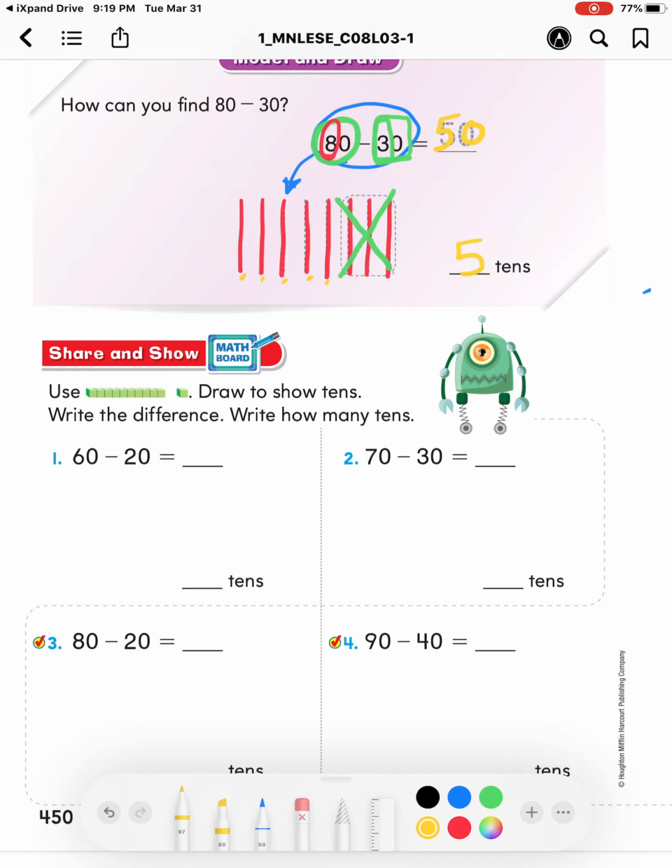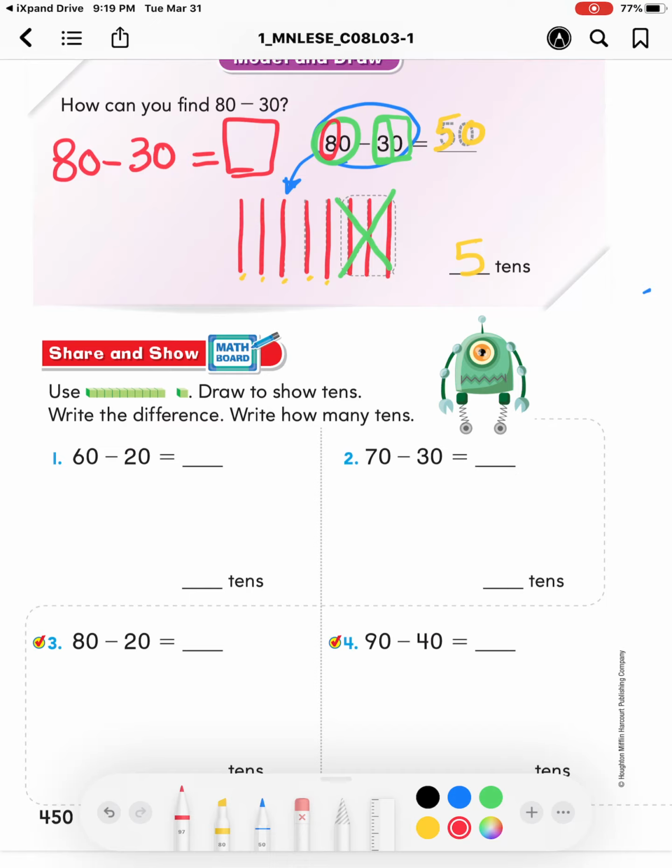We can count back by tens. Can you do it? Let's do it together. Now we have here 80 minus 30 equal what? We need to know the answer, okay? So we will count back 3/10.